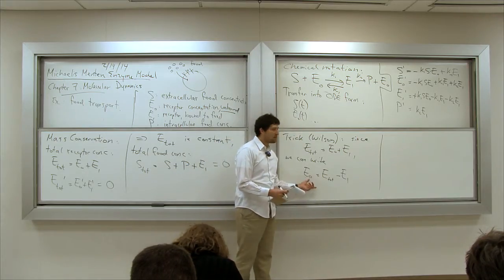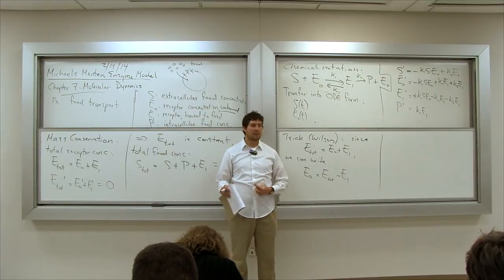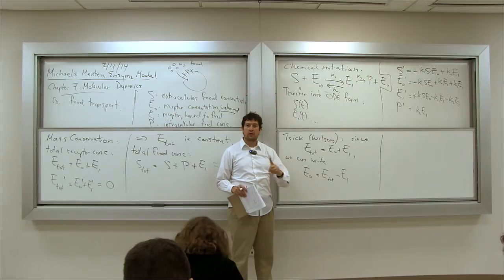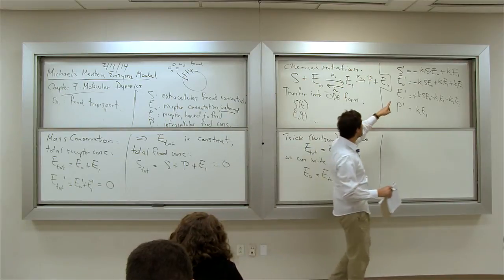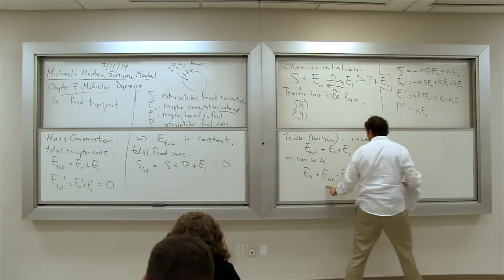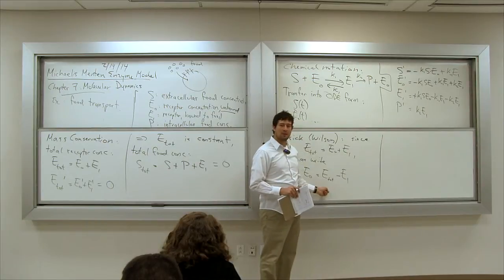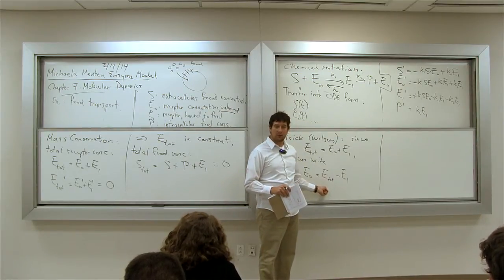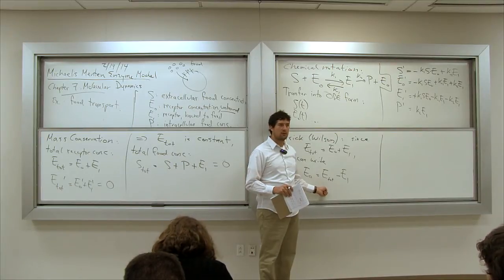And it sounds silly until you realize what this means. We have a four-dimensional model, right? But suddenly we can write every single appearance of E0 in terms of E1 and a parameter. That means we really got rid of E0. We're down to three dimensions instead of four.